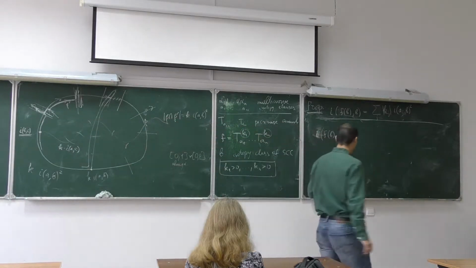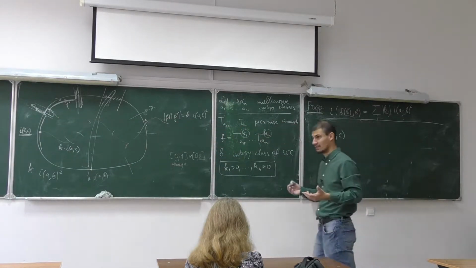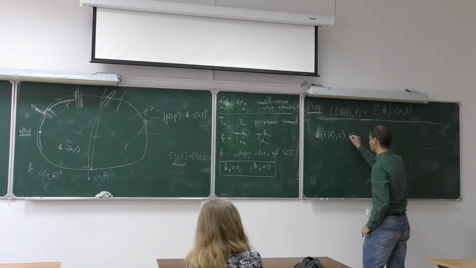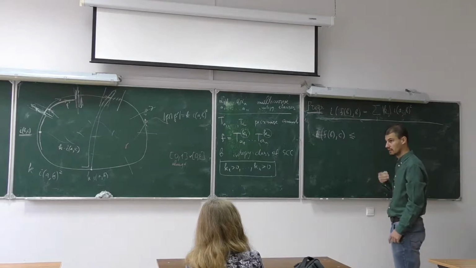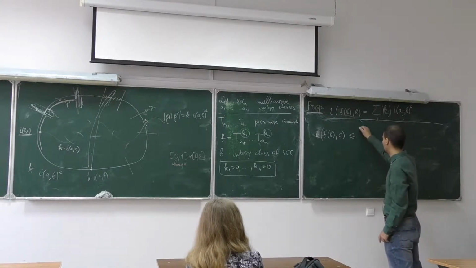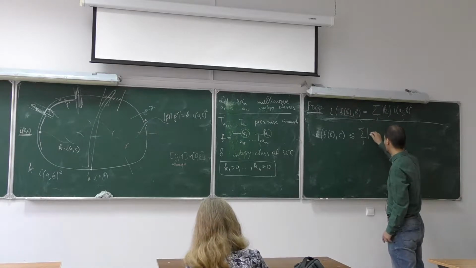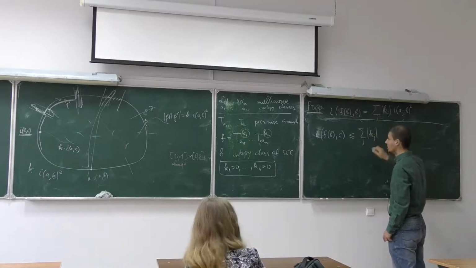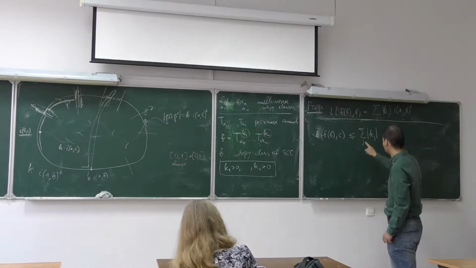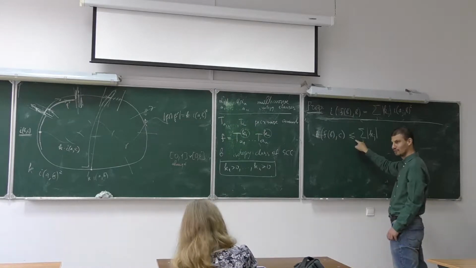So this is the maximal number of intersections which may be achieved. What we know is that this one is smaller or equal than the sum of these. Again, all K's are of the same kind. But this estimate is true.